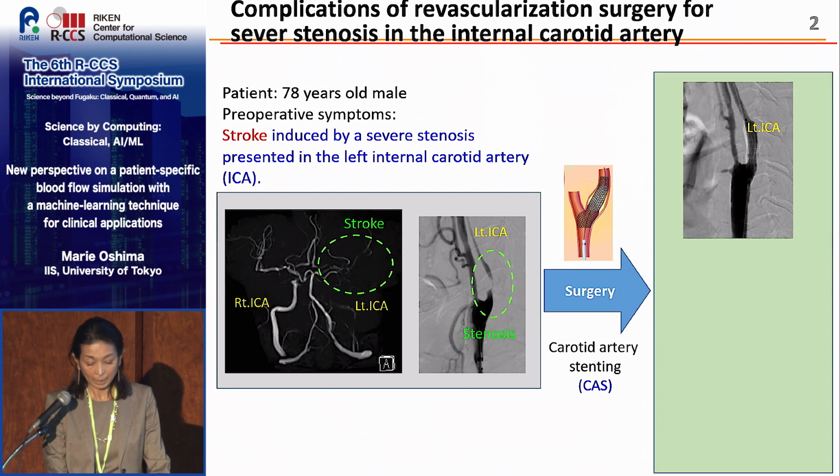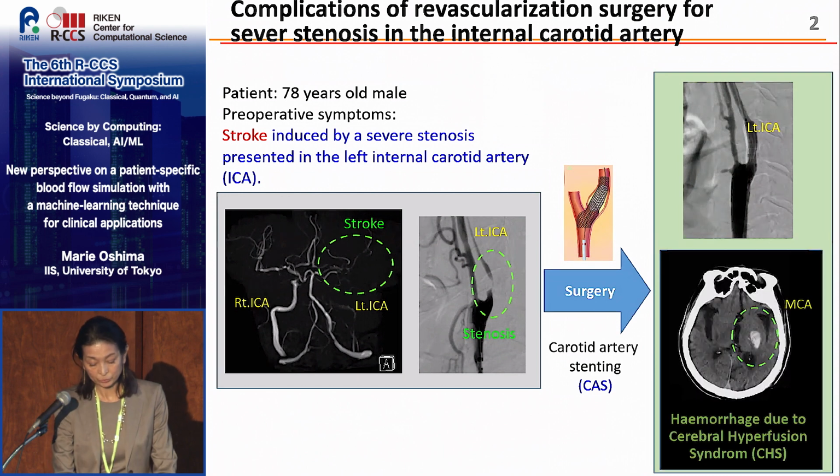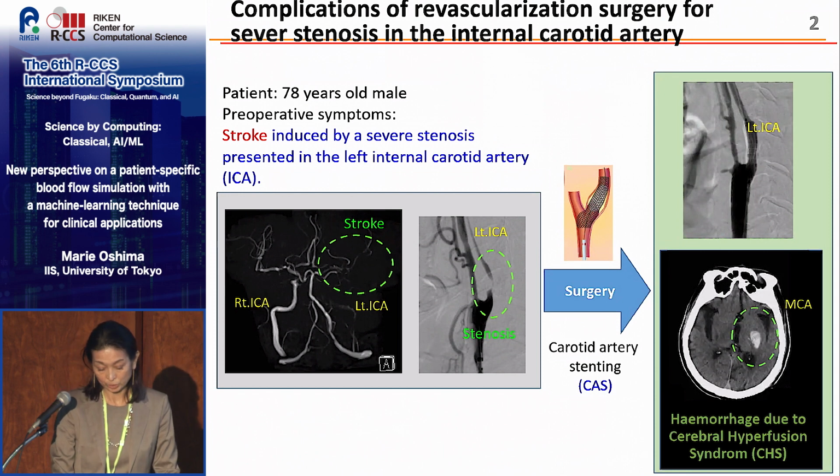recovered. However, the next morning, this patient experienced a hemorrhage due to cerebral hyperfusion syndrome. Because of that, he had to have an emergency surgery, and after that, he suffered from paralysis.